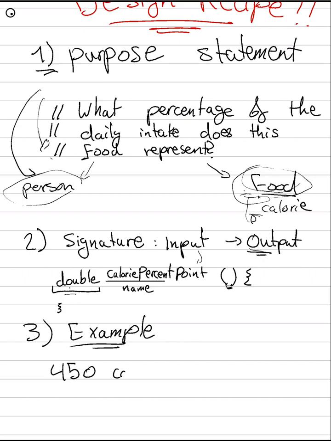So I think chocolate milkshakes are about 450 calories, and let's say I am expected to have 2,000 calories a day. How do I calculate my percent point for a chocolate milkshake? So it's 450 divided by 2000 times 100.